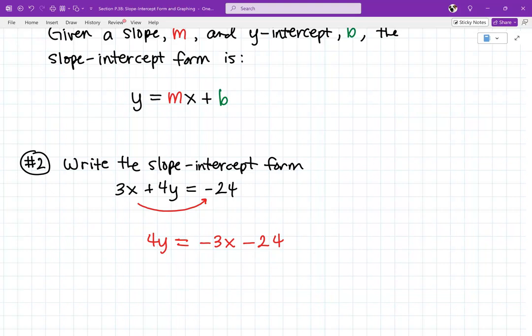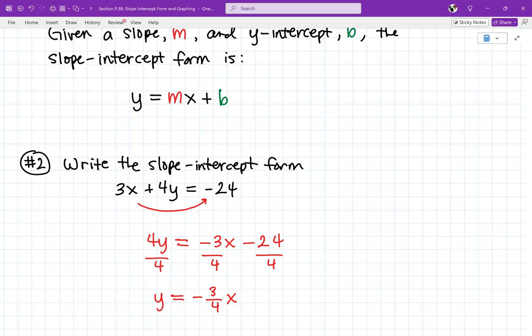Now the last thing I'm going to do is get rid of this 4 that's next to the y. So I'm going to divide every term by 4. Divide this by 4, divide this by 4, and divide this by 4. So my answer comes out to y equals negative 3/4 x, because you can't divide 3 by 4.